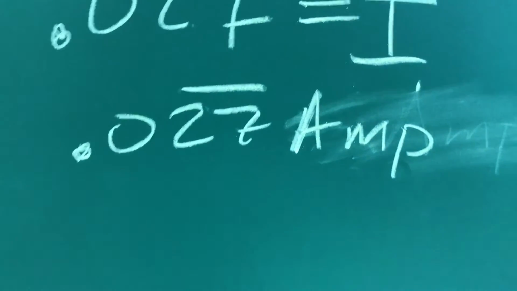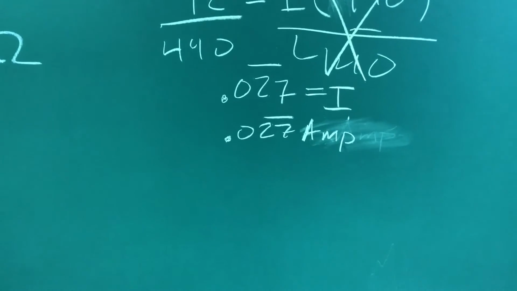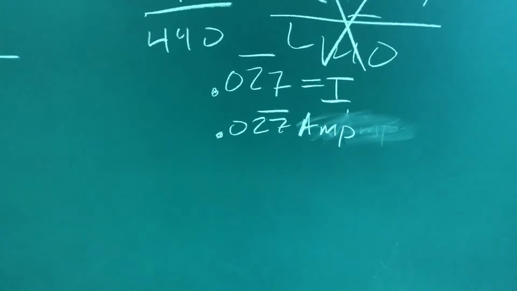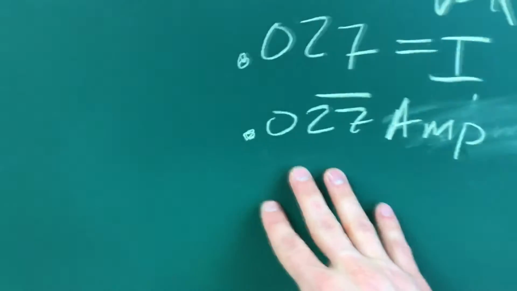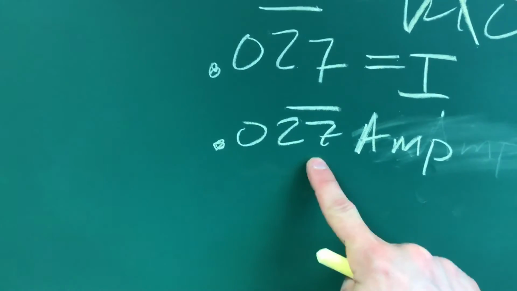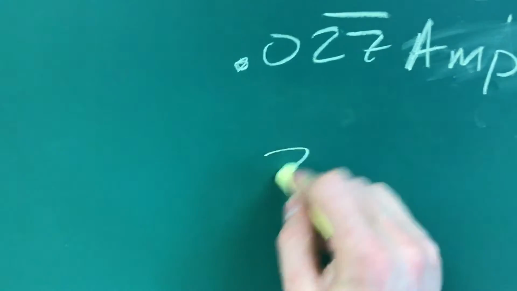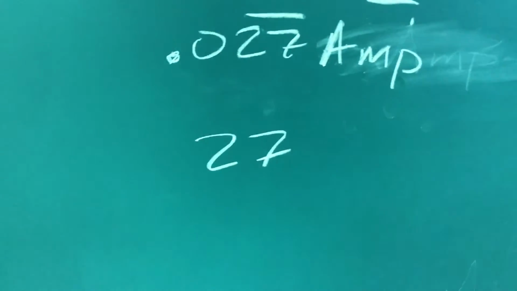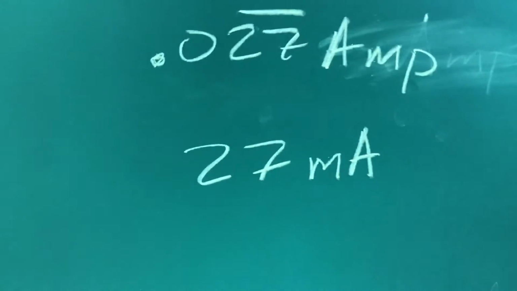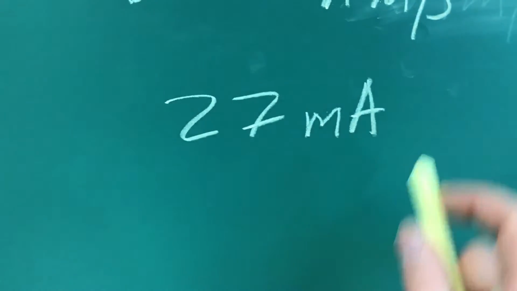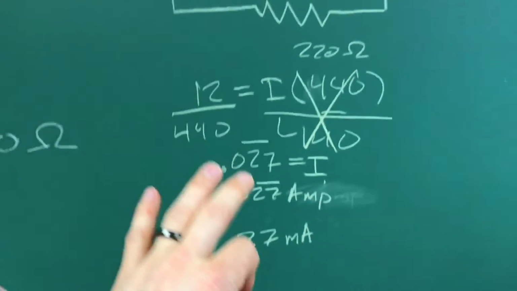But what if I want to put it in regular notation, not a decimal? I don't like decimals. I can move the decimal point this way, so I can say 27 milliamps. 27 milliamps of current.